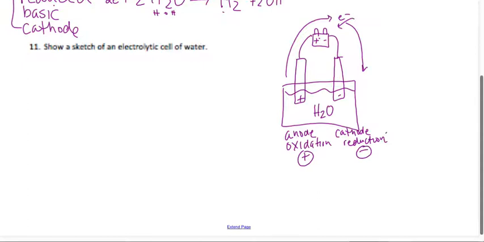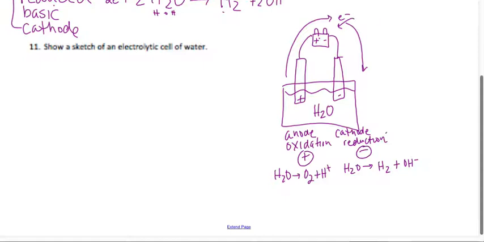All right? So if I ask you the question, what gas is produced at the cathode in the electrolysis of water, what would you say? H2. Because reduction occurs here, and we know that reduction of water is H2, and that is basic. And we know that oxidation occurs here, and we know that's oxygen, and it's acidic.